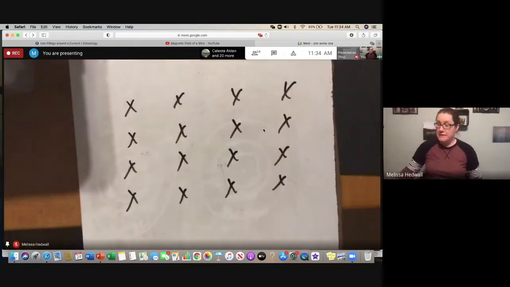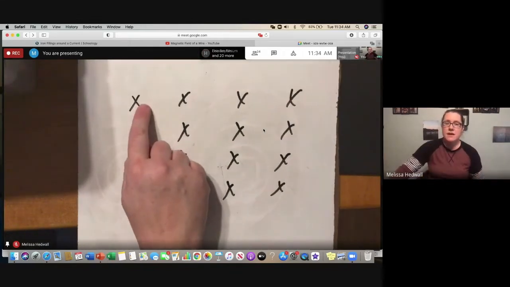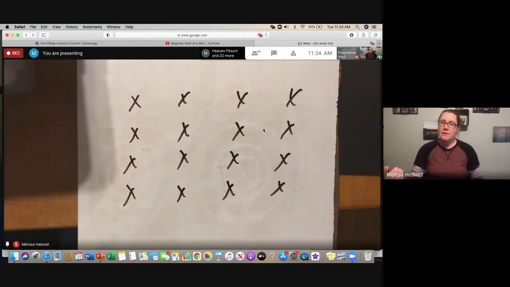If you have a bunch of dots in these spots, you would have a field that's coming out of the page. If you think about archery, when someone shoots an arrow away from them, they see the tail feathers of it, and it looks like an X. And if it's coming toward them, they would see the tip of the arrow that looks like a dot. So that's just one way to keep it straight in your mind if you'd like to.